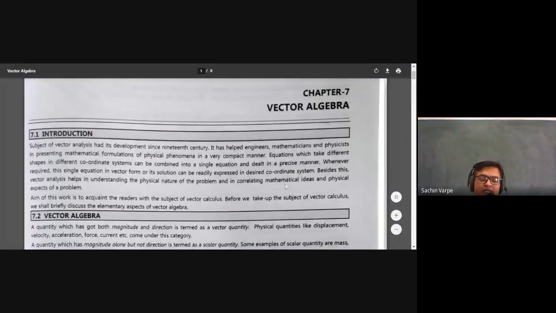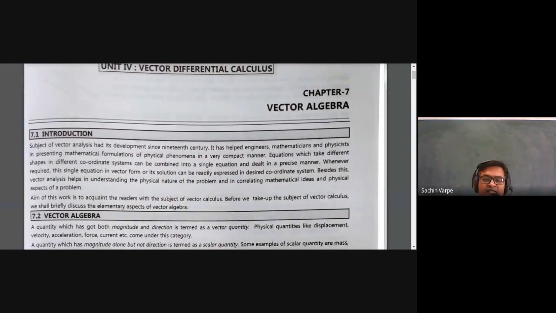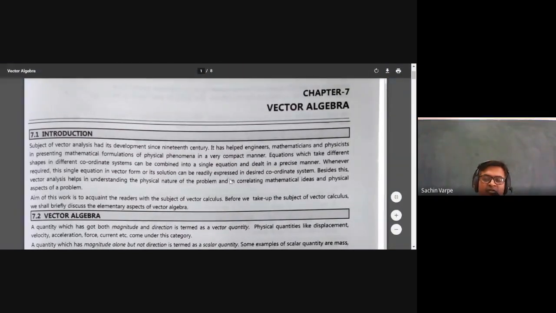because that is related to space. And you might know that machine learning and artificial intelligence are completely based on the space system only, so that is why vectors are very important there. So whenever required, this single equation in vector form or its solution can be readily expressed in desired coordinate systems.